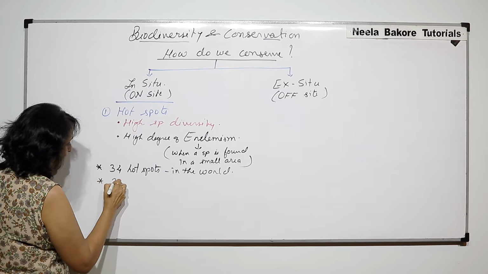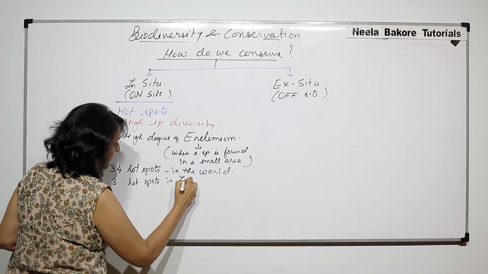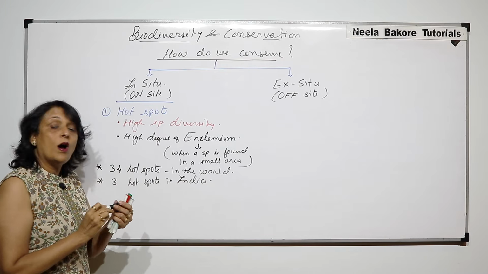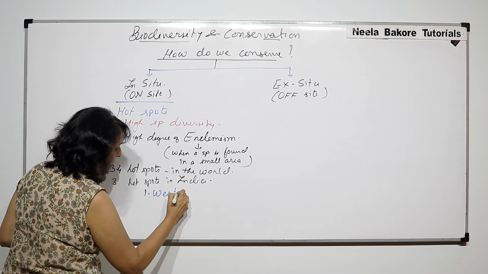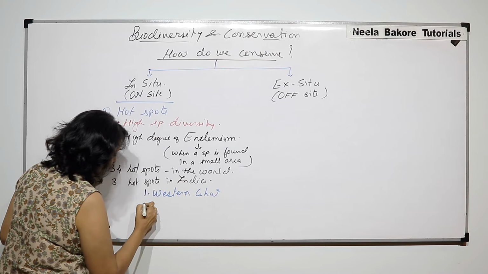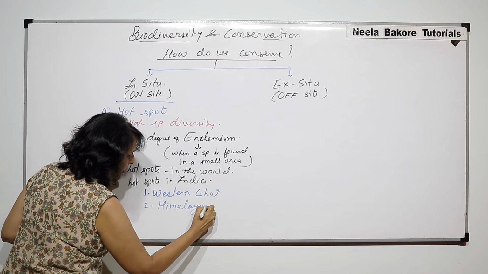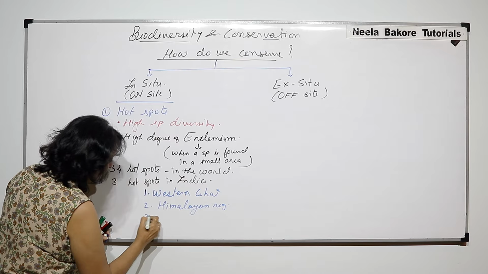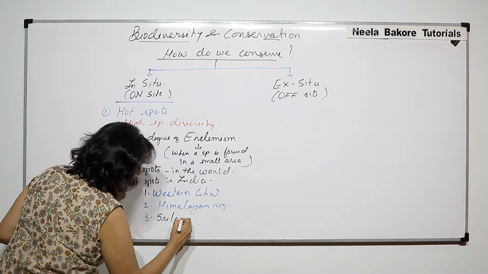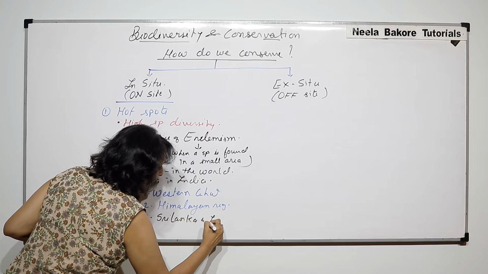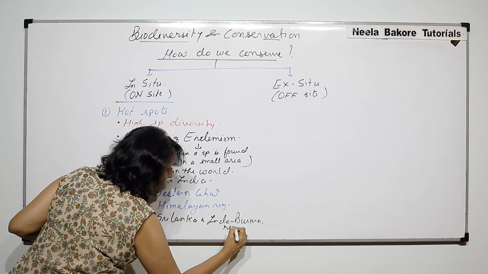In India, there are 3 hotspots. And these 3 hotspots which are in India, one is called Western Ghat, the second is the Himalayan region, and the third is Sri Lanka and Indo-Burma border or region.